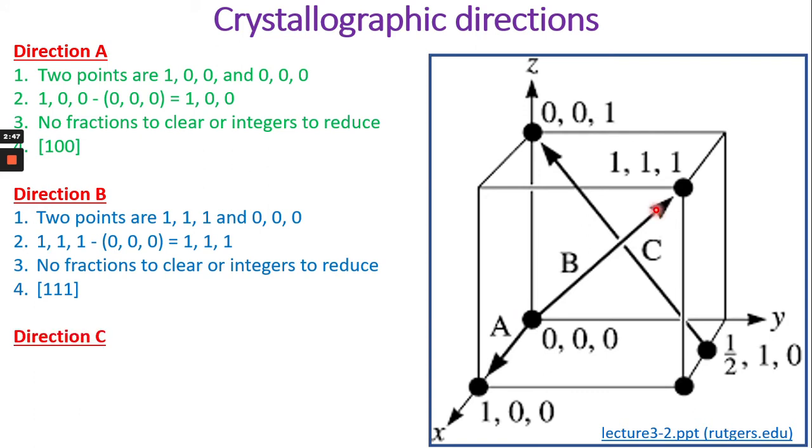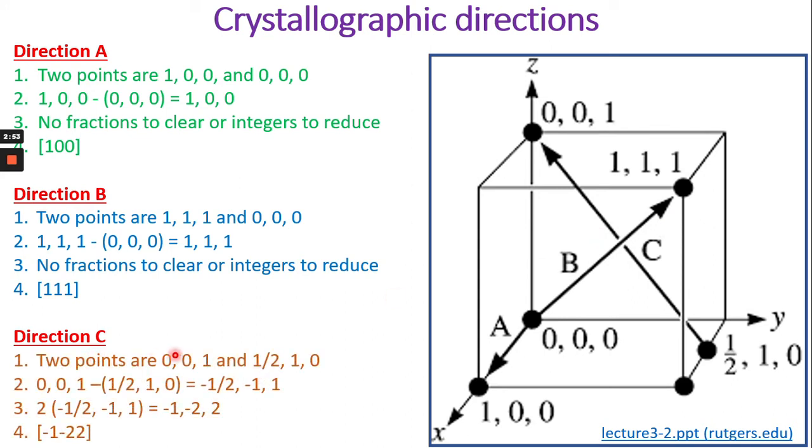Now look at direction C. For direction C, we have again 2 points: 0, 0, 1 and half, 1, 0. Now 0, 0, 1 minus half, 1, 0 is equal to minus half, minus 1, 1.